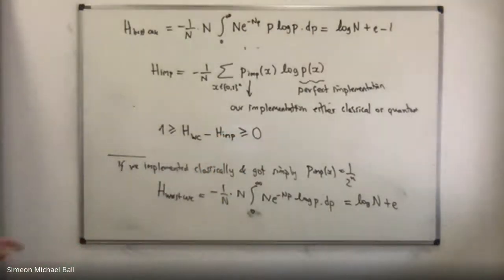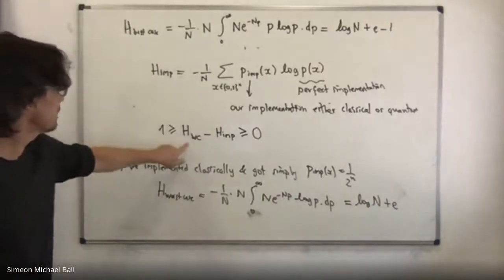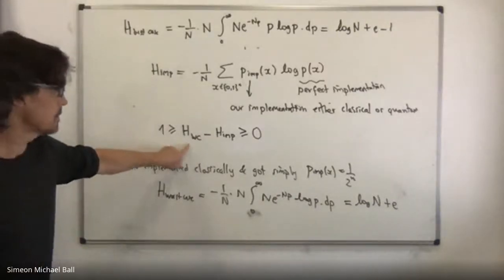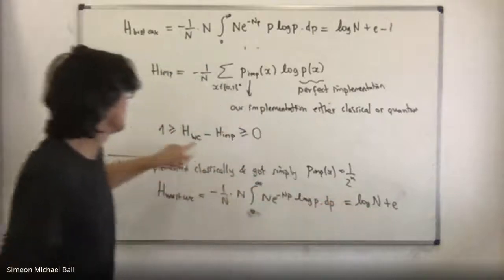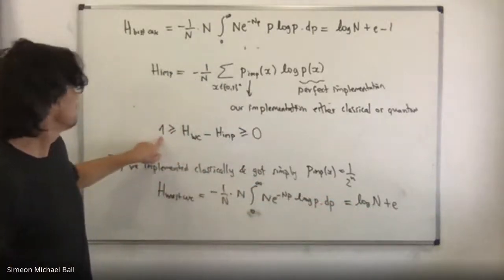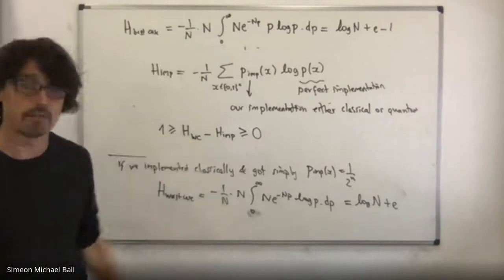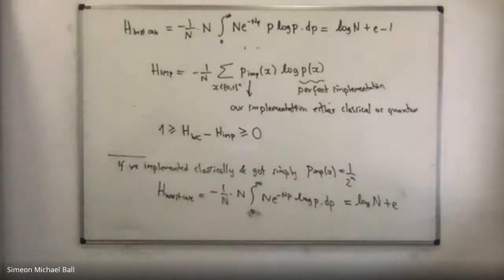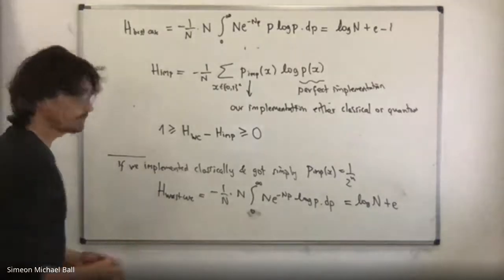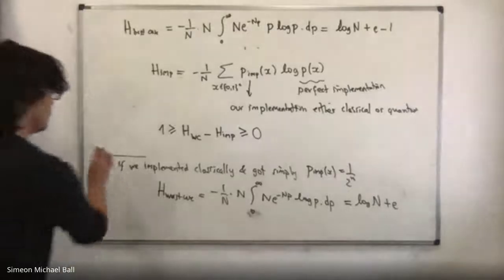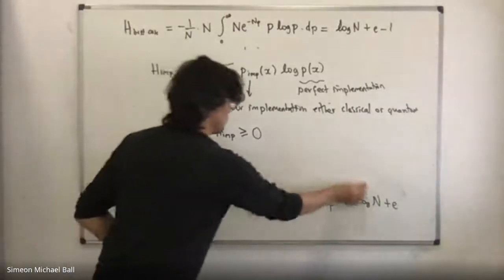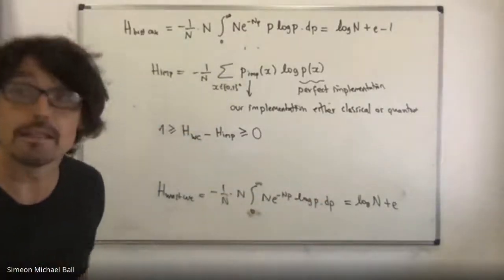Whatever implementation we get, we take it away from the worst case, which was log n plus e. And in the best case scenario we get 1, and if we put worst case here, then of course we get 0. So this quantity is always between 0 and 1.